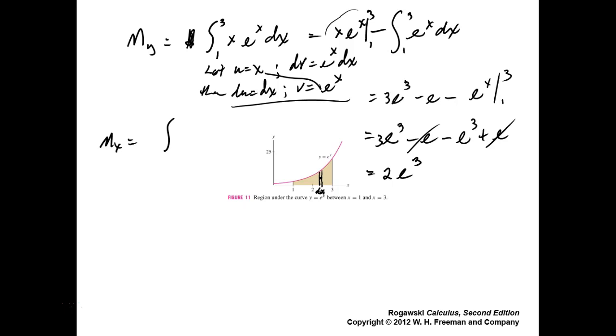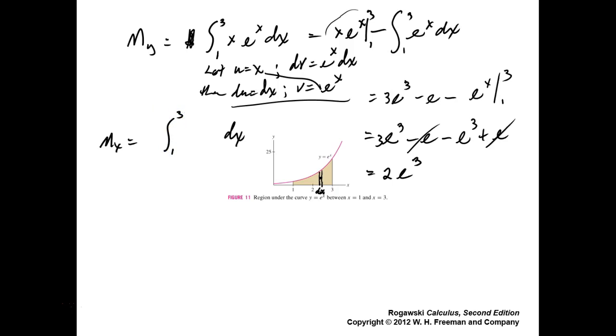Y'all are in cahoots against me today, aren't you? No, let's keep it dx. Keep it simple. See, that's the same length, width, I mean, everything's the same. That's the same dx there. So this is going from 1 to 3 still. That doesn't change.